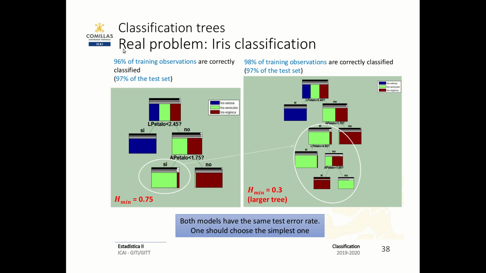If we calculate the probability of correct classification in the training and test set, this tree has 96 and 97, and the further subdivided tree has 98 and 97. So in terms of the test there is no change. In terms of the training there is a very small change. So we should prefer this simpler tree as compared to the more complex tree.